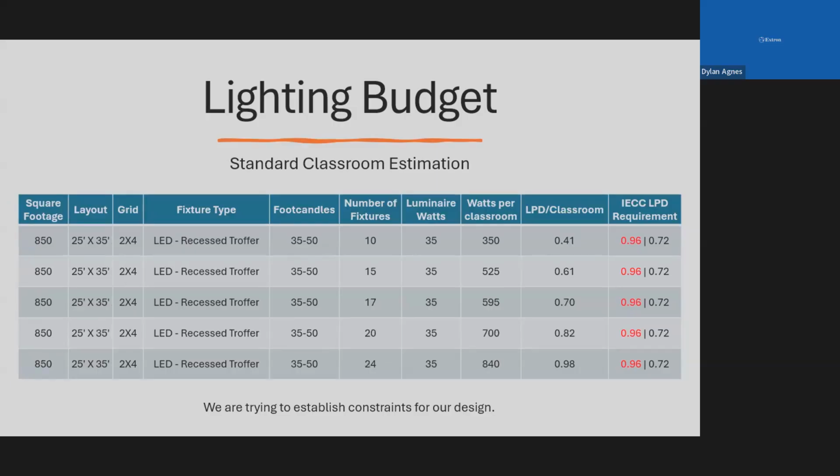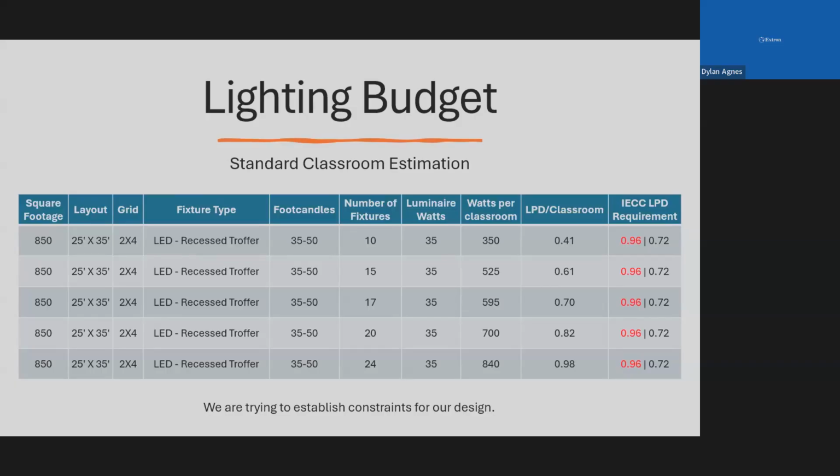And so a little more realistic example, 850 square feet for our classroom. So seeing how that changes. With this size, keeping with 35 watts per fixture, we could get away with a maximum of 17 fixtures to come under 0.72 and be in compliance.